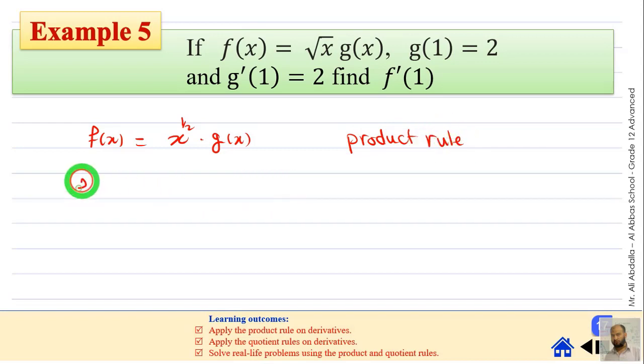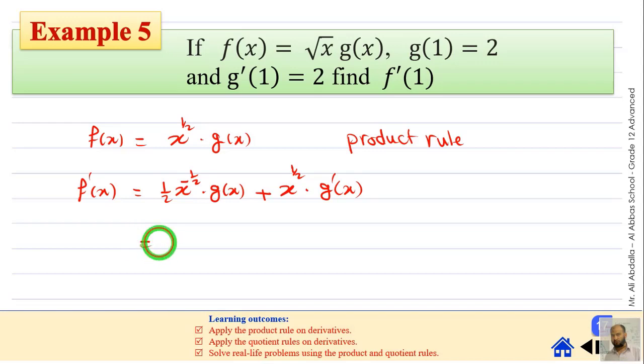The product rule says f'(x) equals the derivative of the first function, 1/2 x to the power negative 1/2, times the second function g(x), plus the first function times the derivative of the second function, g'(x).